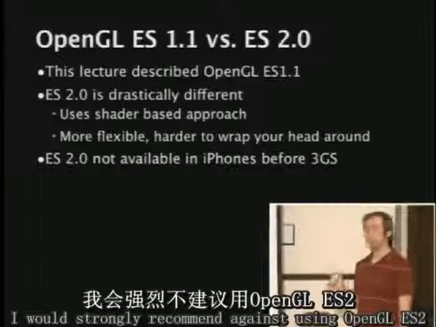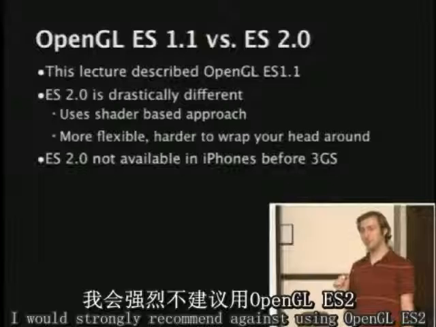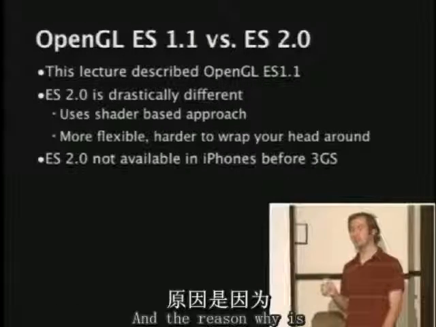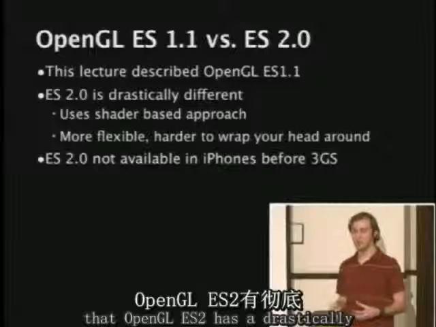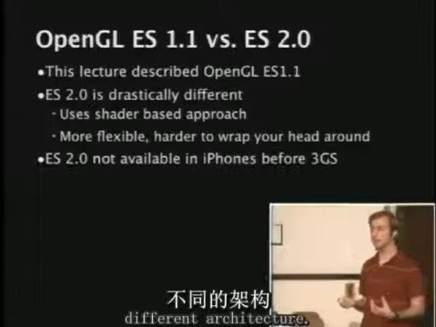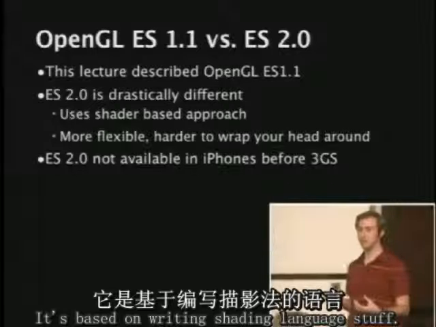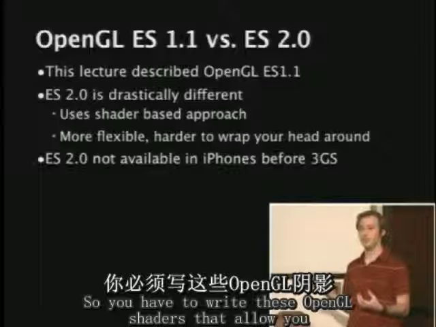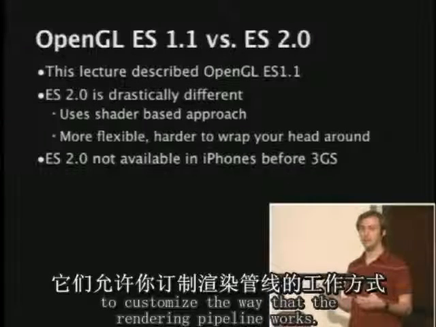I would strongly recommend against using OpenGL ES2 if this lecture was at all helpful to you. The reason is that OpenGL ES2 has a drastically different architecture. It's based on writing shading language code, so you have to write these OpenGL shaders that allow you to customize the way the rendering pipeline works.